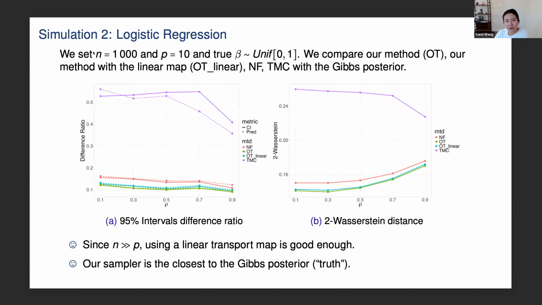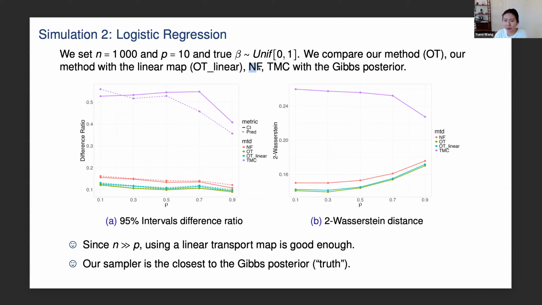And we consider a large sample setting where you have 1,000 observations with 10 covariates. So in this case, you could expect that the true posterior will be asymptotically normal. So we compare our method using just a regular construction of the U function, and also the method that we mentioned earlier, using only the linear affine transport class.